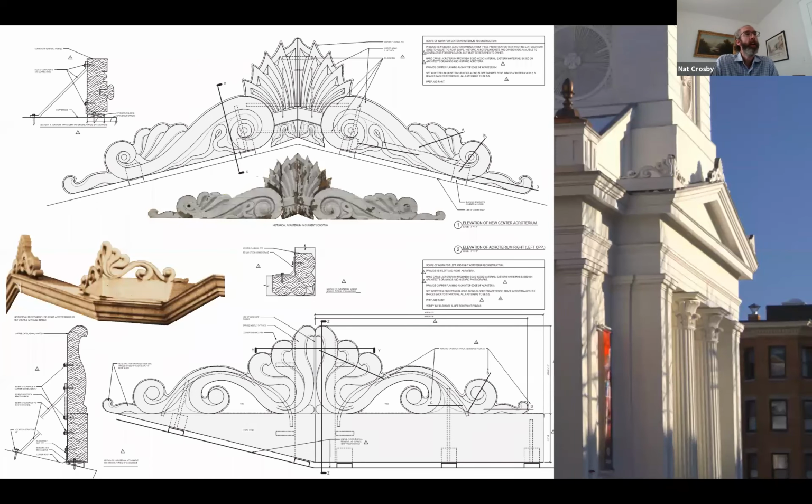And then for the acroterium components on the pediment, these had been lost or removed from the architecture by the time we were brought onto the project.